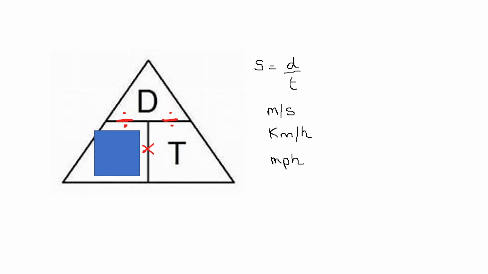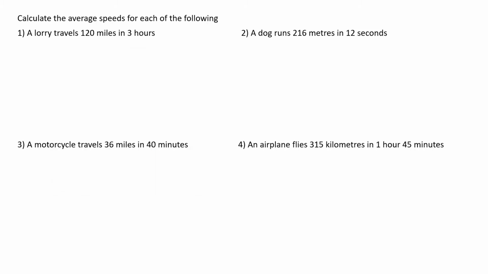By dividing the distance that we've travelled by a certain amount of time, we can find out how far we've travelled in 1 unit of time. And that's why we use that formula to calculate speed. So we're now going to have a look at some simple questions to introduce you to calculating speed.